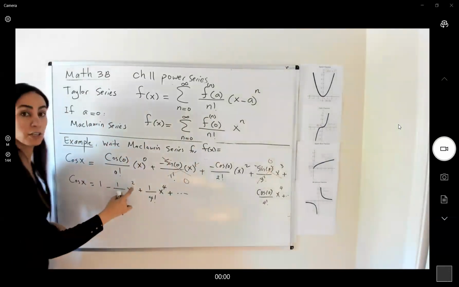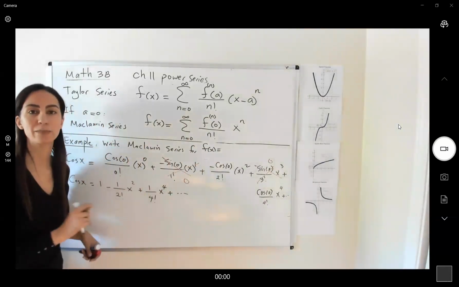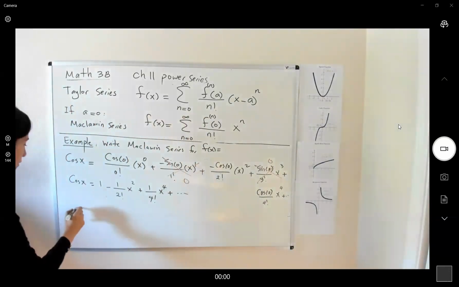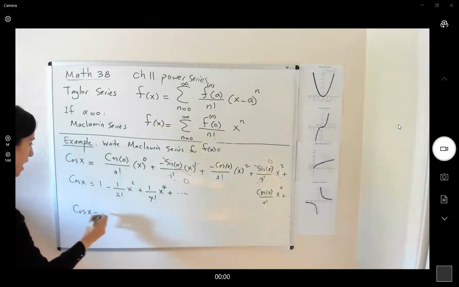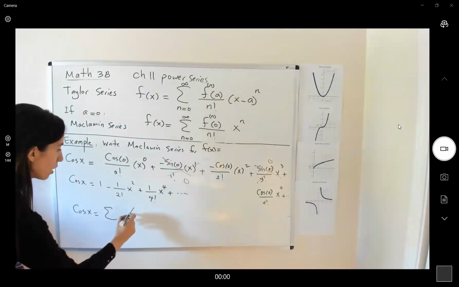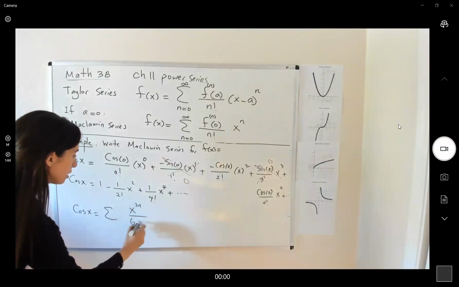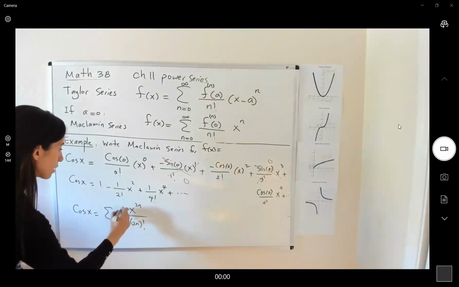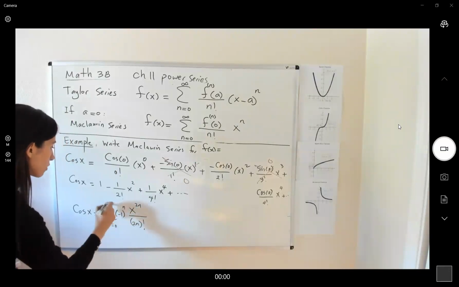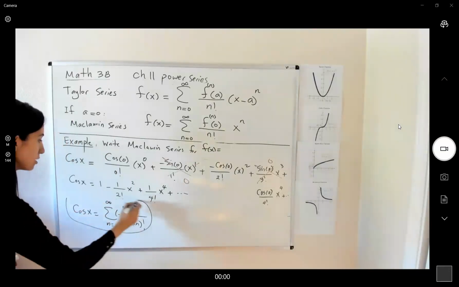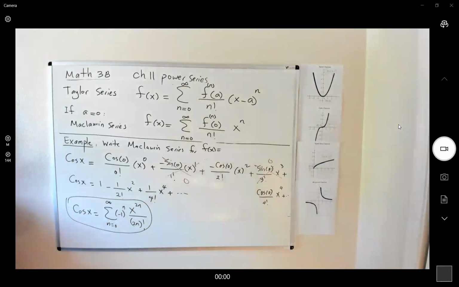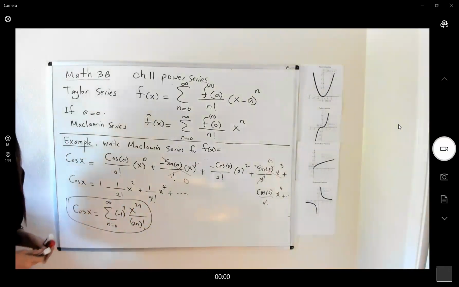As you can see, here you have even exponents left. So you can rewrite cosine x as the sum of x raised to 2n divided by 2n factorial and negative 1 raised to n. And starts from 0, goes to infinity. Maclaurin series for cosine function.